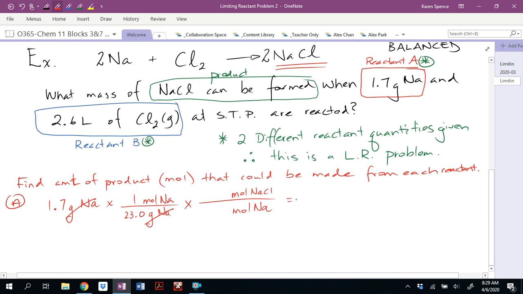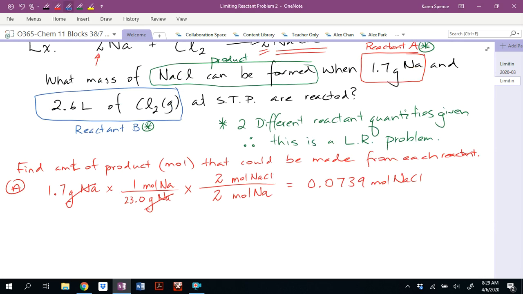We have a 2 in front of the Na, and there's a 2 in front of the NaCl, so there will be 2 moles of NaCl produced for every 2 moles of Na used, and that gives us 0.0739 moles of NaCl. So that's how much we could make from our sodium.